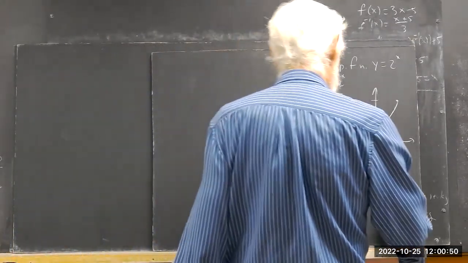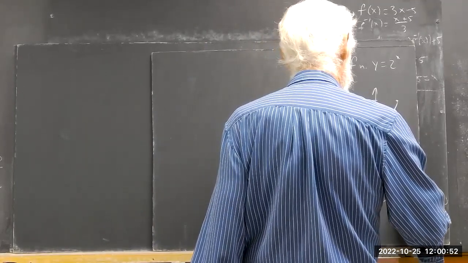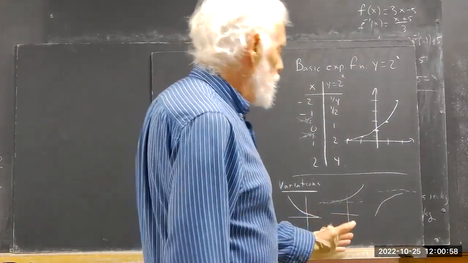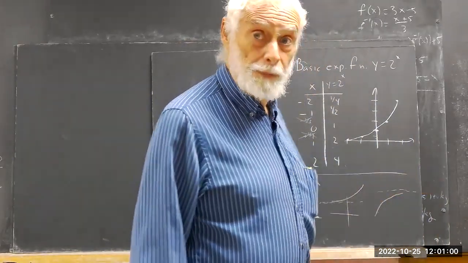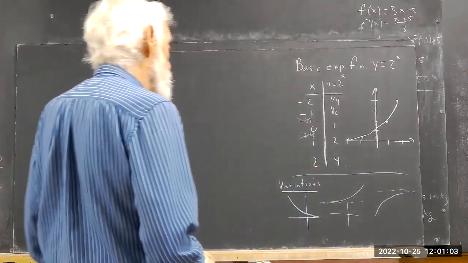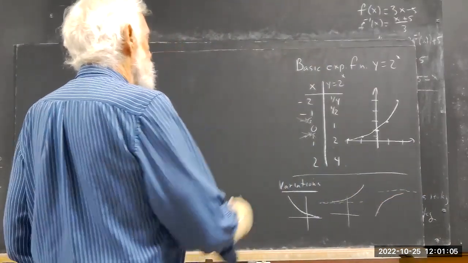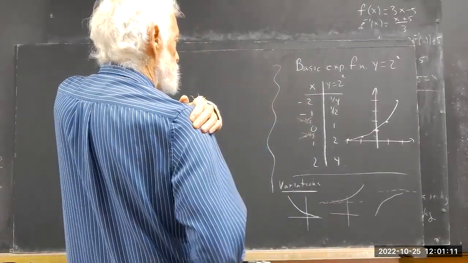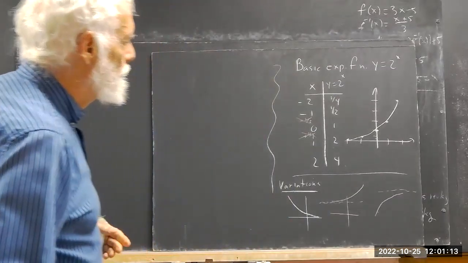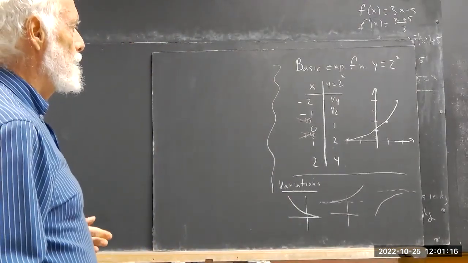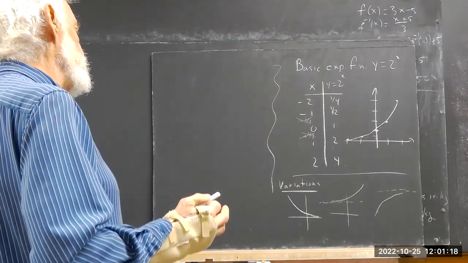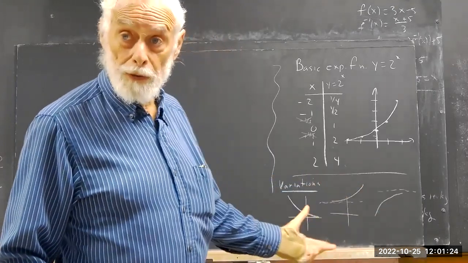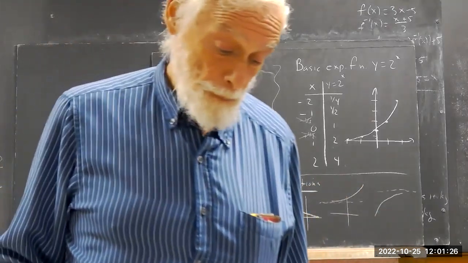You could have one that's like this, and where you exponentially approach whatever this y value is. Okay. So that's what the graph looks like. And you should understand I use transformations to get these graphs. Okay.